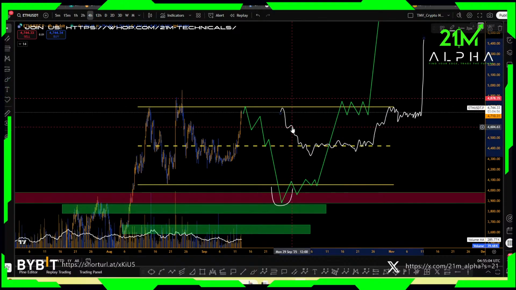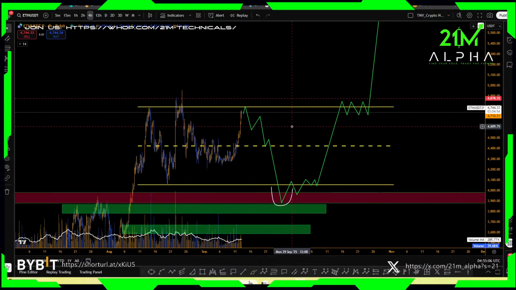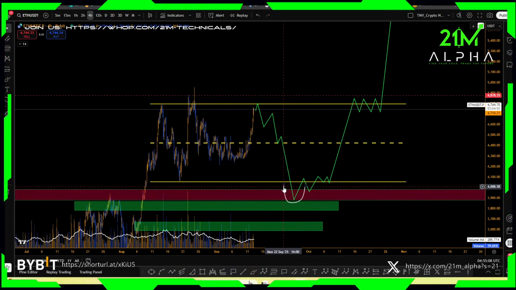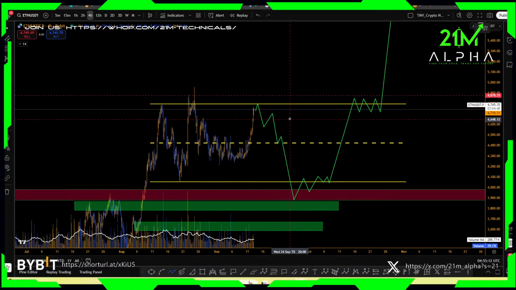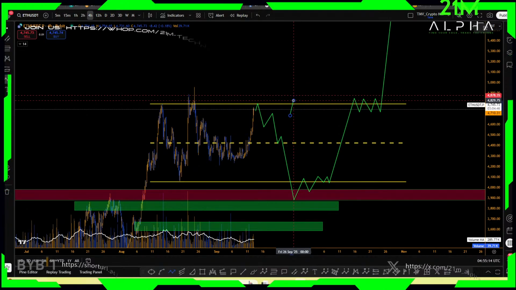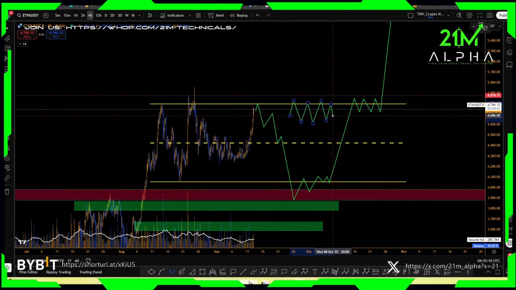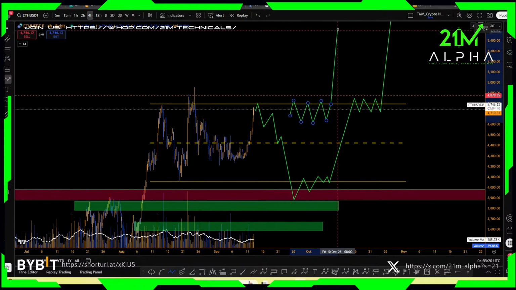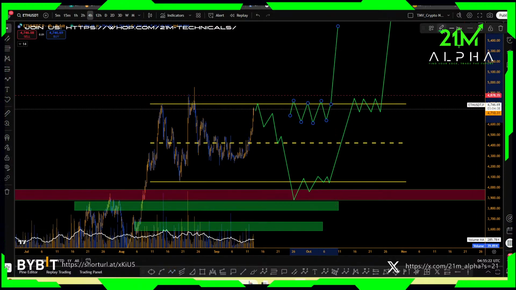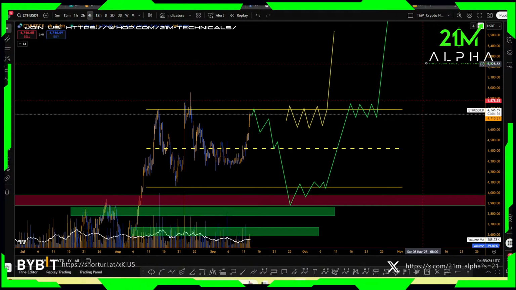So this is the first plan for ETH, and as I mentioned, I have 2 scenarios for ETH. The second scenario for ETH is basically that we go up here, we reject, we accumulate, we don't lose it, we don't do anything, and straight away we pump it up without any sort of pullback.